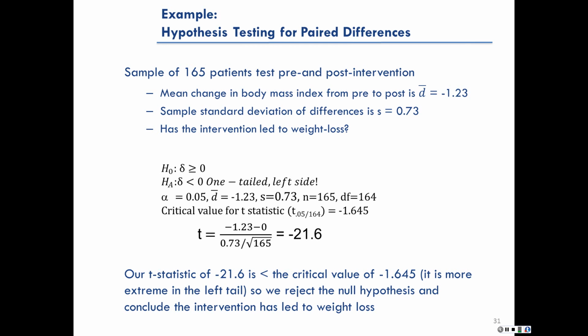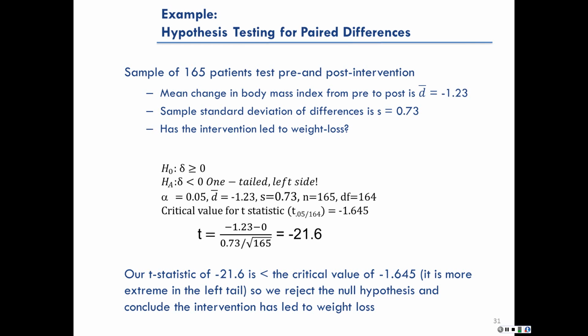You can see there we have our alpha level, our mean difference, and our sample standard deviation. Our n is equal to 165, which means our degrees of freedom is equal to 164. When you plug in those numbers with the degrees of freedom and a one-sided alpha of 0.05, you look that up in the t-table in your textbook, in the one-sided 95% column. You get negative 1.645 as the critical value, and we make it negative here because this is left-sided.